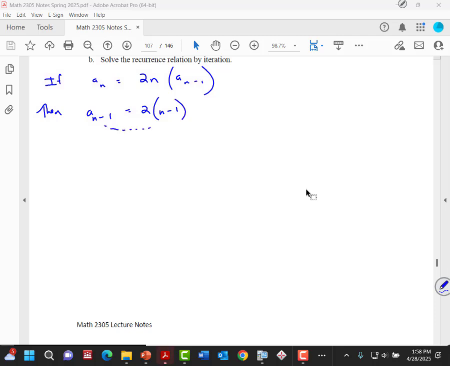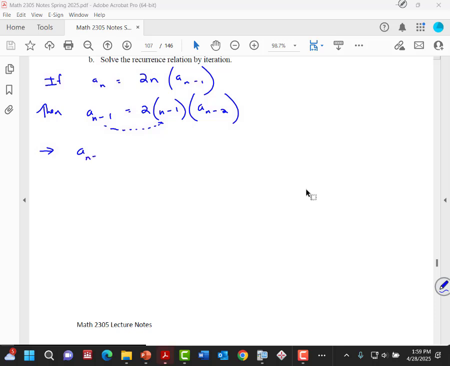Notice whatever the index is, that goes right here, times the term prior. Well, that would be a sub n minus 2. Well, let's continue onwards.